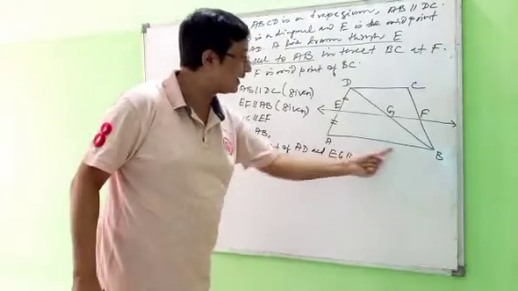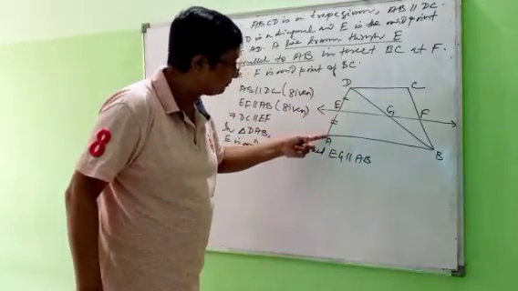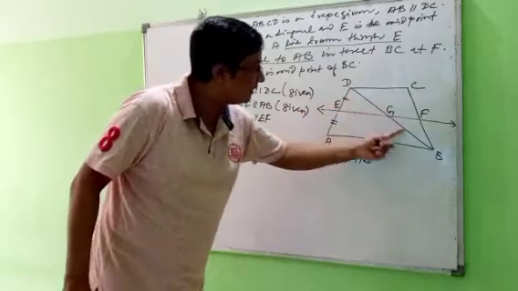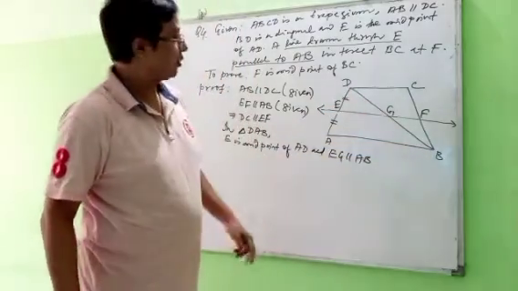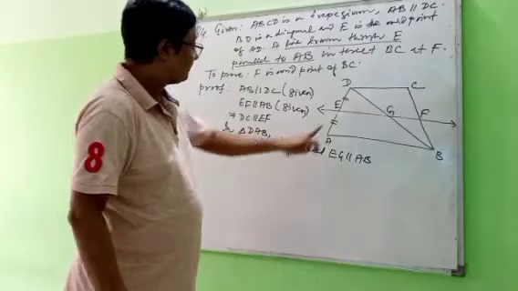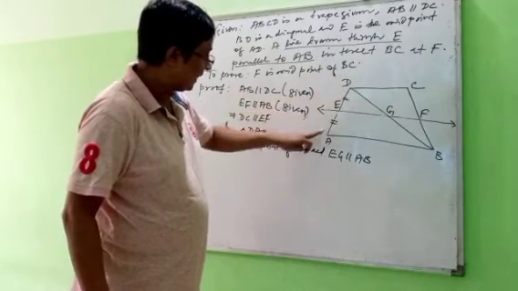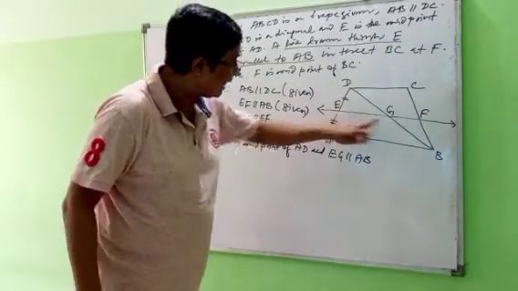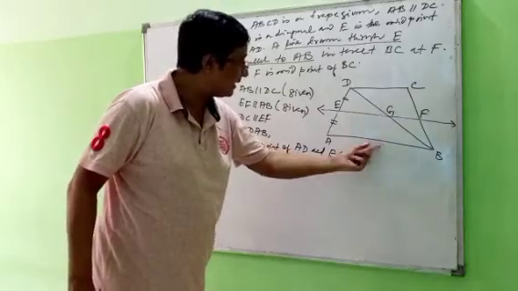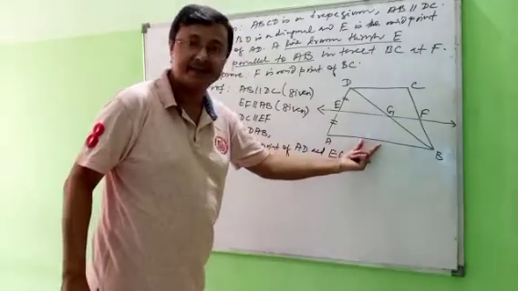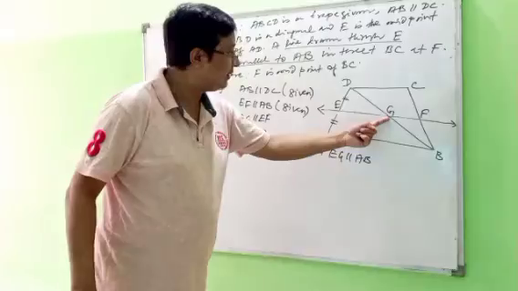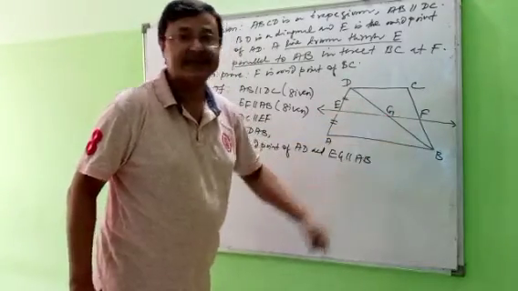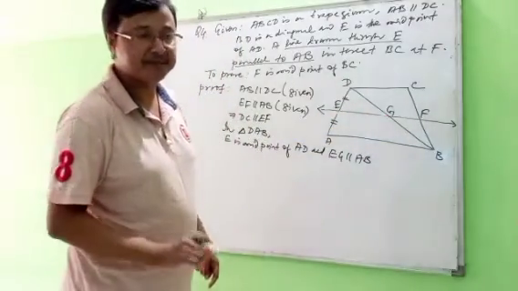This is the second side, this is the first side, so the side DB becomes the third side. E is the midpoint of the side AD, and through E the line is drawn parallel to AB. That means EG is parallel to AB. Naturally, G will be the midpoint of the side DB according to the converse of the midpoint theorem.